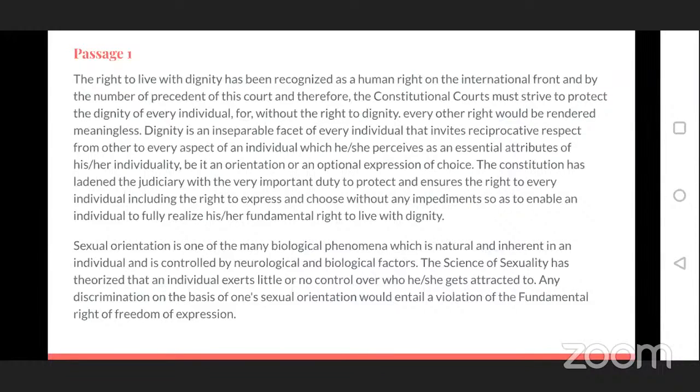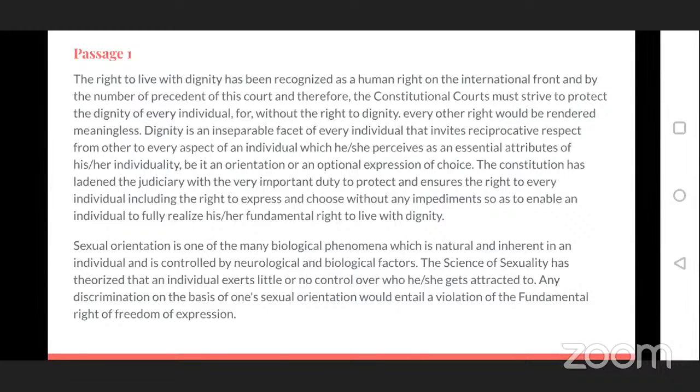Dignity is an inescapable facet for every individual that innovates reciprocal respect from others to every aspect of an individual which he or she perceives as an essential attribute of his or her individuality, be it an orientation or an operational expression of choice.